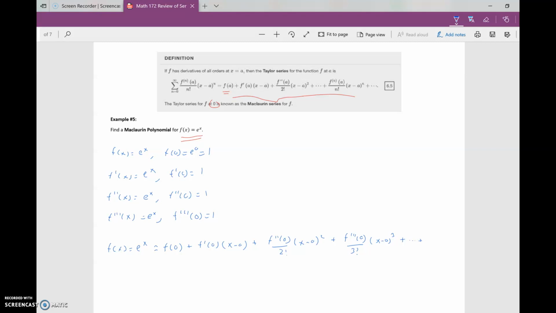So the hardest part is going to be taking the derivative and then simplifying it as much as you can. So for our final answer, the approximation of this function, you're going to get 1 plus, well, the next one is x minus 0, and f prime happens to be 1, so it'll be x, plus 1/2 x squared, plus 1/6 x to the third, since 3 factorial is equal to 6.